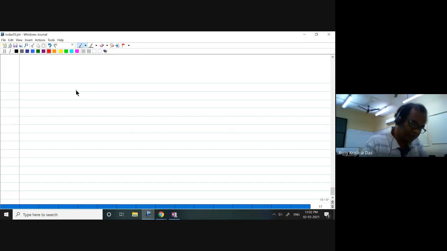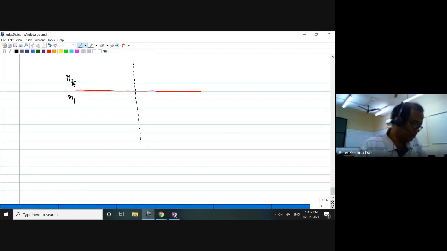This is the interface we are thinking about, and this is the normal we sketch here, with n1 and n2. For the total internal reflection condition, this is a straight line, and this is your Ki propagation direction.